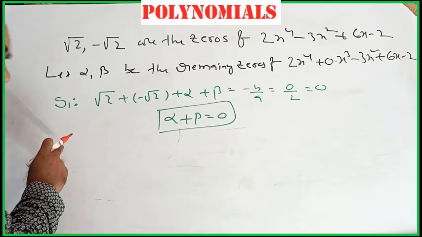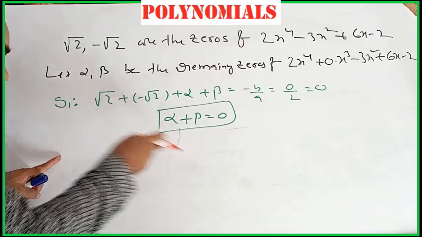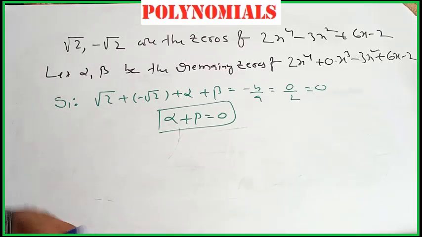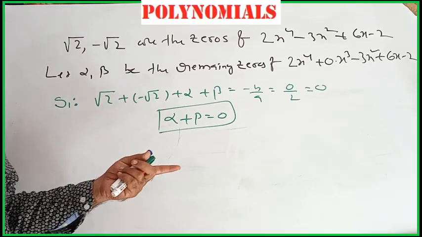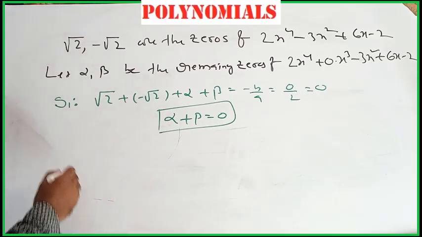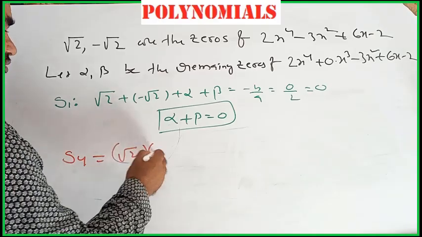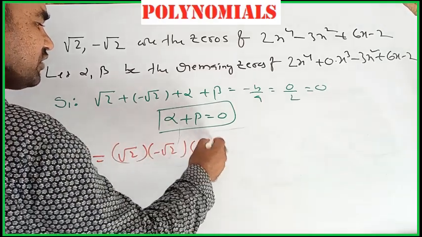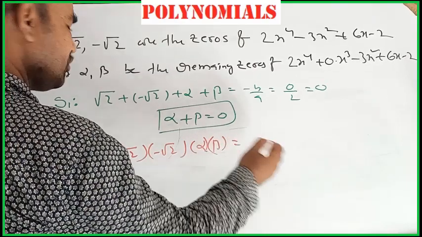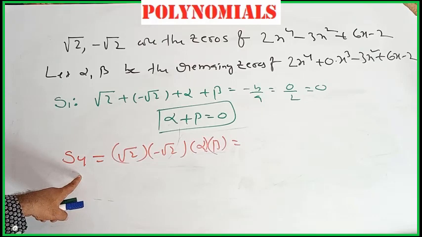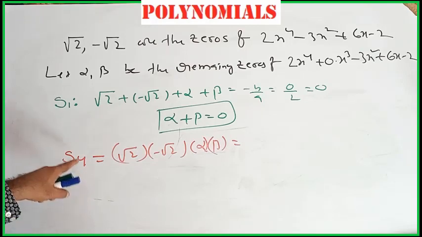We can use either S2 or S3 or S4 to get another relation between alpha and beta, but I will prefer S4. Root 2 into minus root 2 into alpha into beta equals, observe, S4 stands for the product of the roots taken all four at a time.